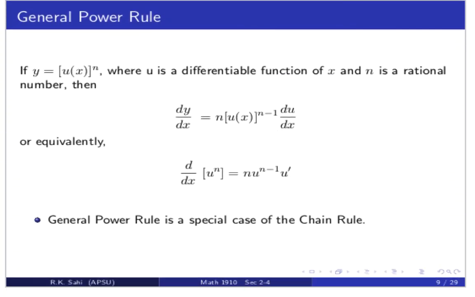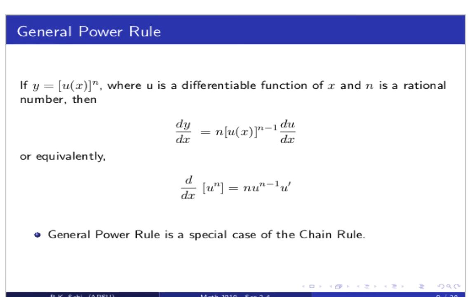Now, this is a very, very powerful rule for us, which is the general power rule. What it simply says is that if you have a function raised to a power, where the inside function u of x is a differentiable function, and n is a rational number, then the derivative of y with respect to x is the normal derivative of u to the power n, which is n times u to the n minus 1.